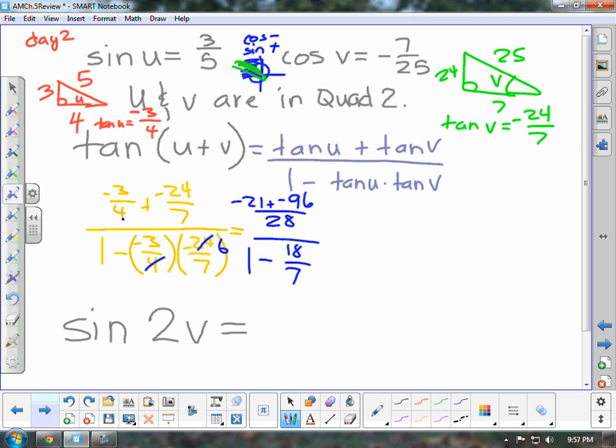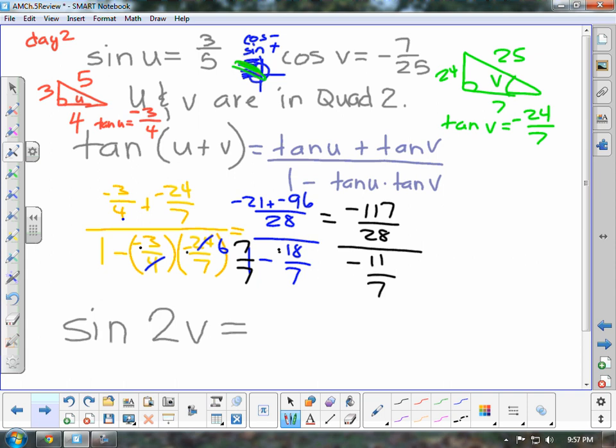Simplifying the numerator, negative 21 plus a negative 96 is a negative 117 over 28 divided by, and now we have to do some subtracting here, and that would be 7 over 7 minus 18 over 7, because the negative times the negative is a positive 18, and minus is still there, so 7 minus 18 is a negative 11 over 7.